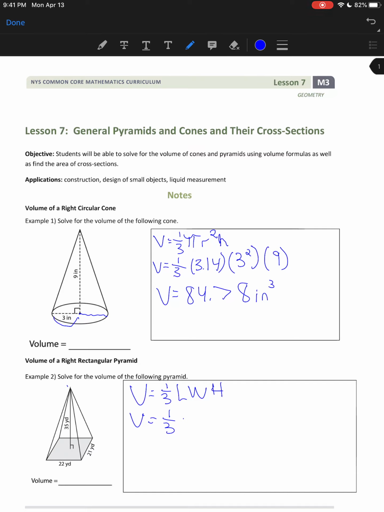So our length is 22. Length is the longer side, right? And then our width is 21. And again, height is basically how tall or how high the 3D shape is. So clearly that's 35 here.